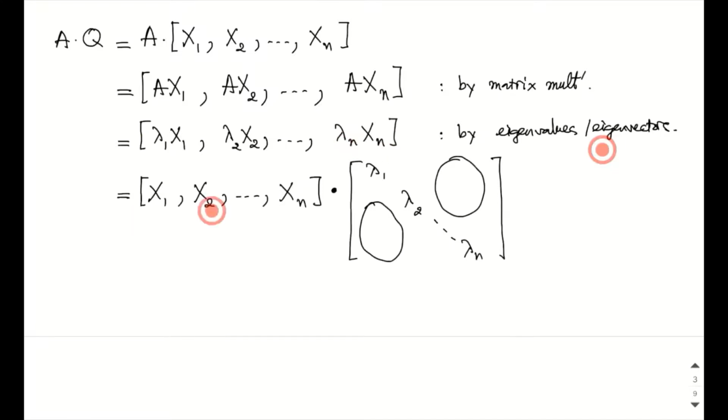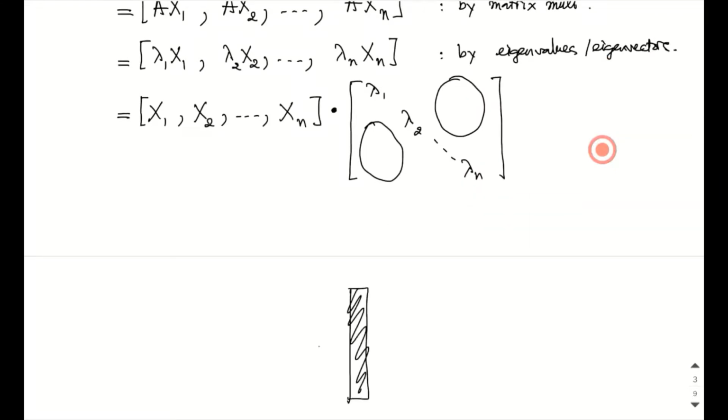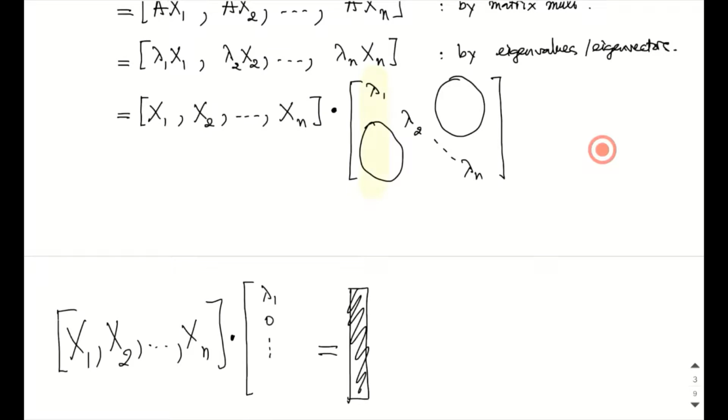Why is this the same as multiplying this? Right? The reason is, again, by matrix multiplication. If you multiply this matrix by this matrix, you end up multiplying the former matrix by each of the columns of the latter matrix. So if you want to find the first column of the result, then this is the same as multiplying the matrix x1, x2, xn by the first column, lambda 1, 0, and a bunch of 0s.